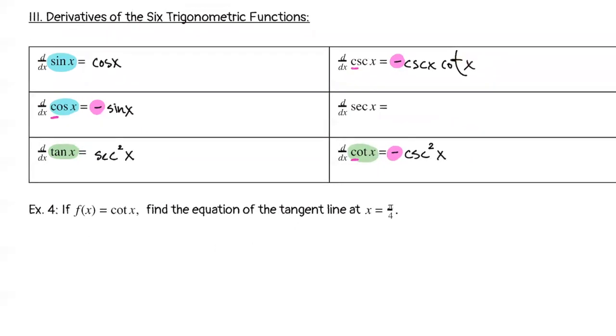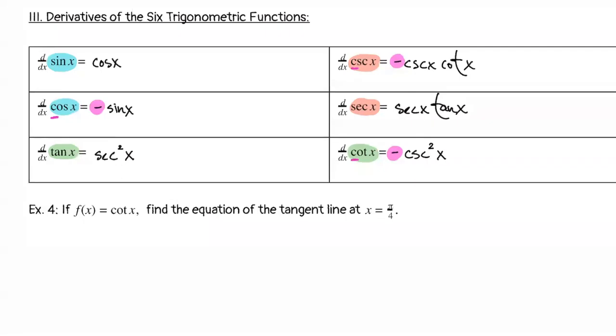Okay. And then last but not least, if we take a look at the derivative of cosecant, we've got a negative something times something. And if we look at the derivative of secant, we get positive secant x tangent x.